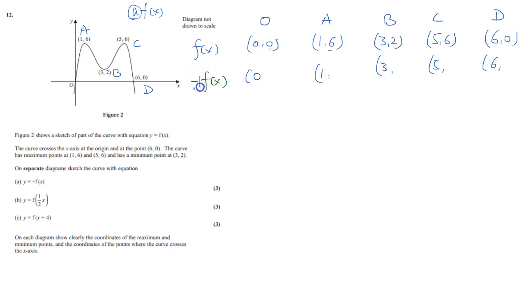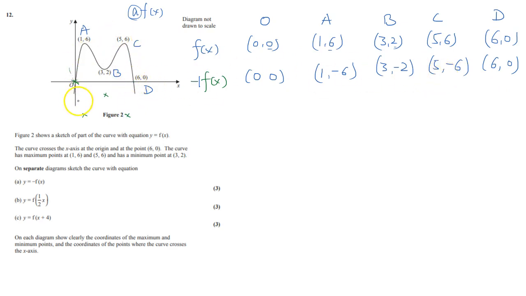Now 1 means -1. So multiplied by -1. So that will be 0. This is -6. This is -2. This one is -6. And this is 0. 0, 0. That's okay. 1, -6. 3, -2 is here. 5, -6 is here, and 6, 0.